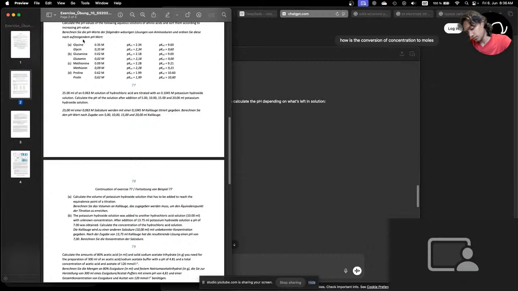The volume of potassium hydroxide needed to be added to reach the equivalence point.